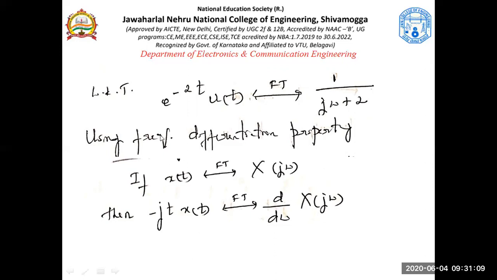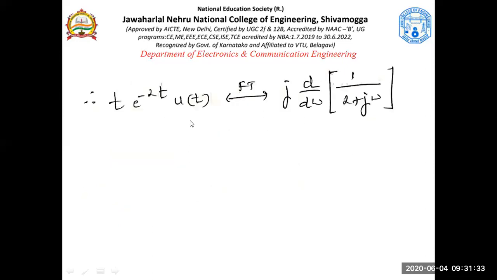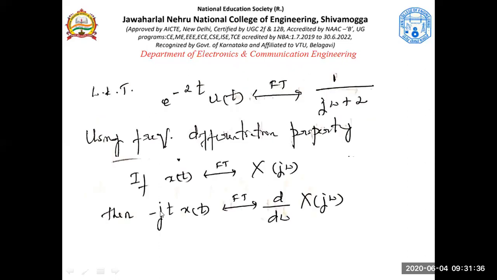What is it that we are differentiating? We are differentiating the frequency. So this is frequency differentiation. If you differentiate in frequency, it would result in a term minus jt in time domain along with x of t. So if we consider this as x of t, we need to have minus jt here, and it would be differentiated with respect to omega. So the minus j on the left hand side is taken as plus j on the right hand side.